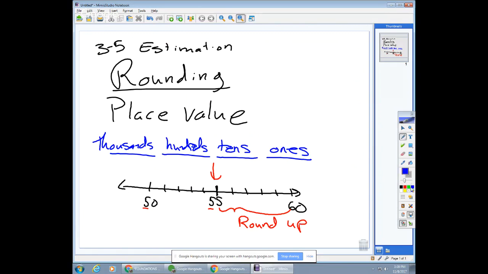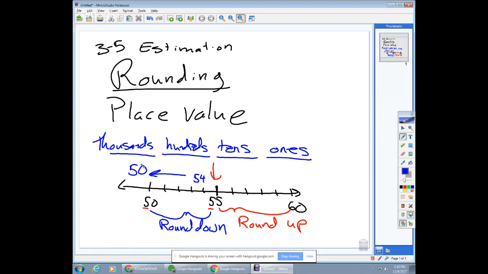On the other hand, if it's below 55, that's supposed to be a curly bracket. Like that. We call it rounding down. So for example, if our number was 54, we would round that down and call it 50.